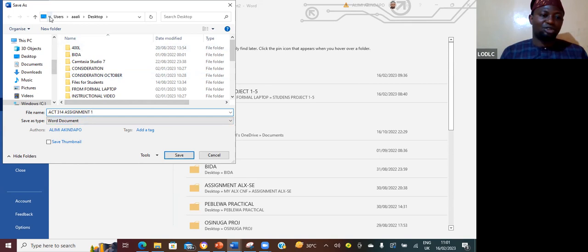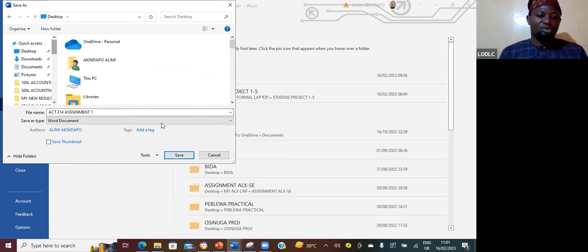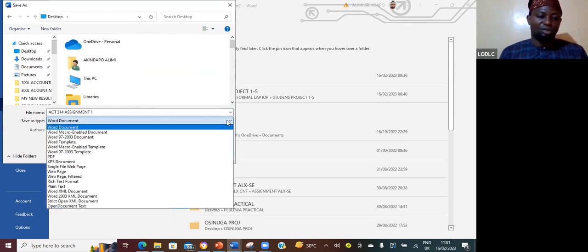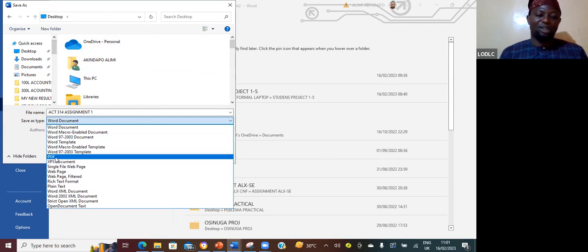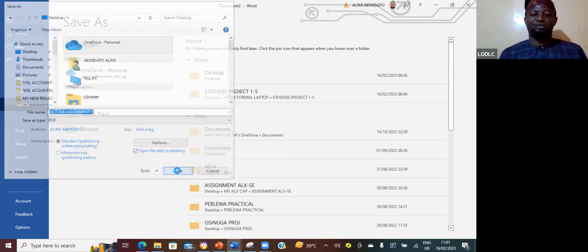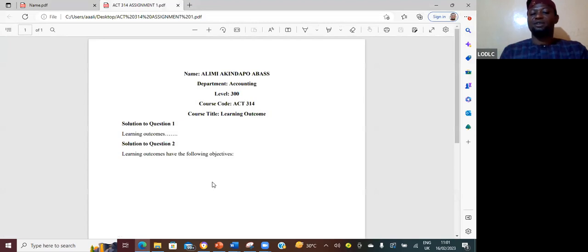Ensure that you save your document to the desktop. Under Save As type, look for PDF and save. Once you have saved it like this, you won't be able to edit it again, so you must have done everything before you save it as a PDF.